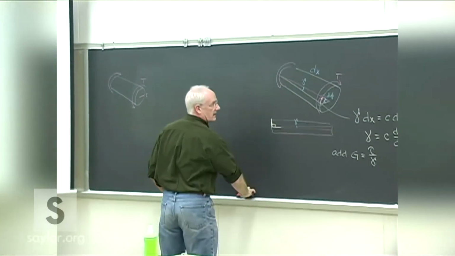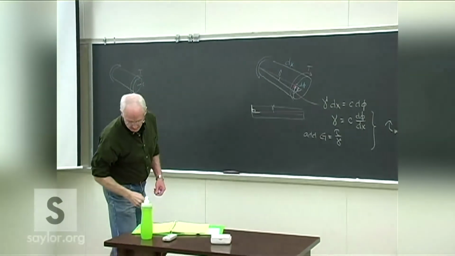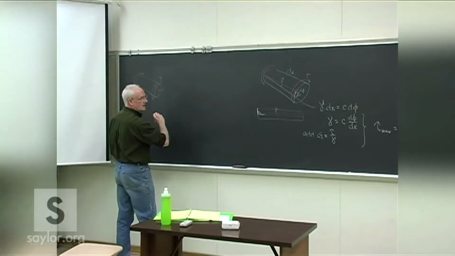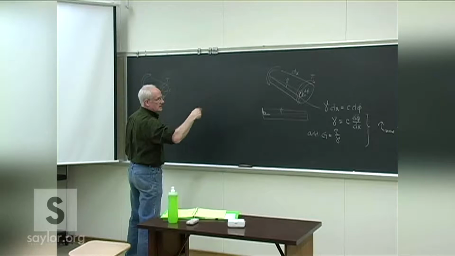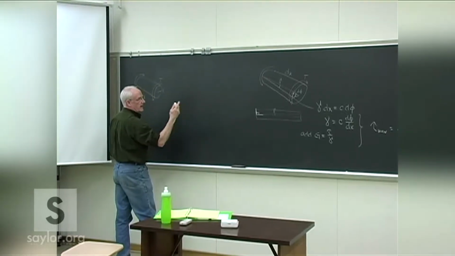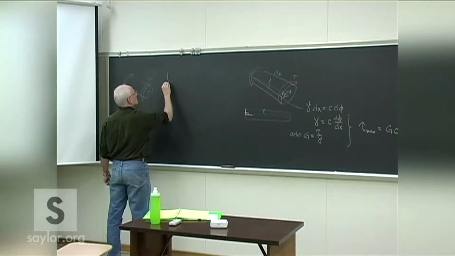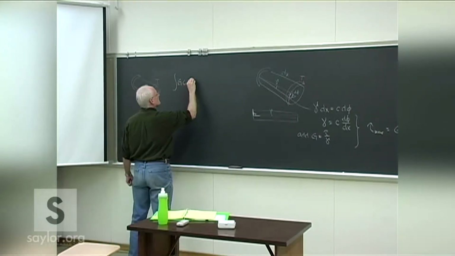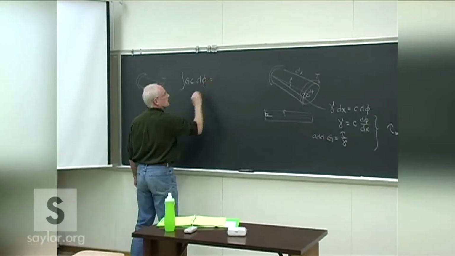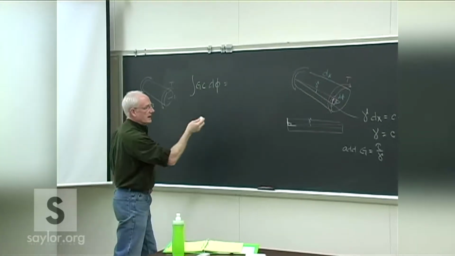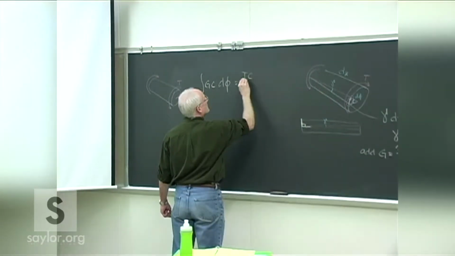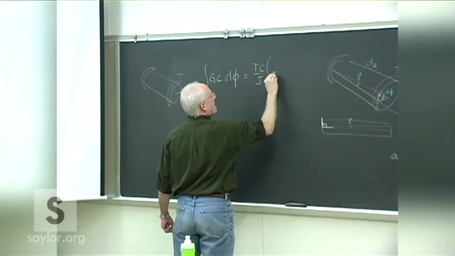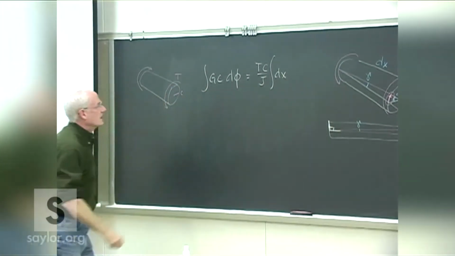So I think that baby there looks like it's ready to integrate. So move the dx over, integrate, everything's a constant. Those two things are constant, and everything else is also a constant.